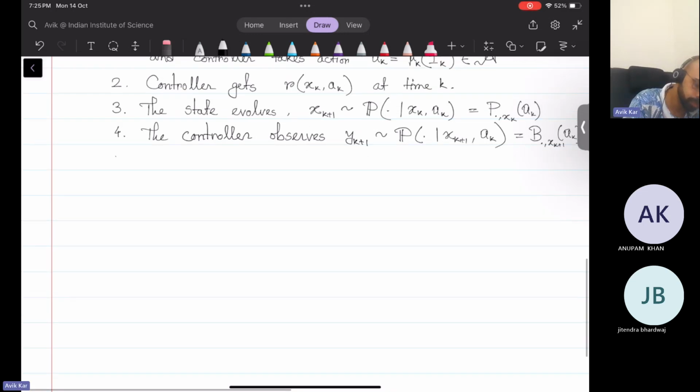And we have gathered new information now. So Ik+1 is now Ik union with ak and yk+1.